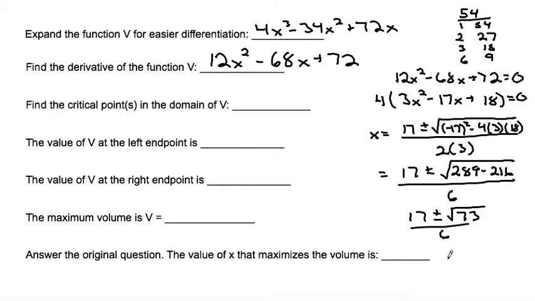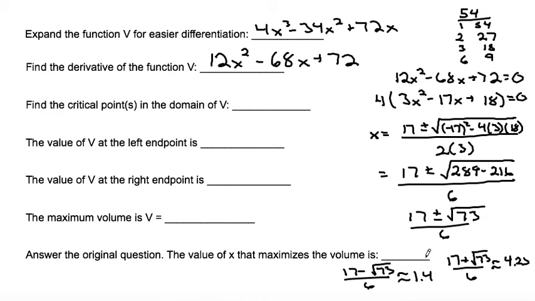So our two solutions are 17 plus the square root of 73 over 6, which is approximately 4.25, and 17 minus the square root of 73 over 6, which is approximately 1.4.